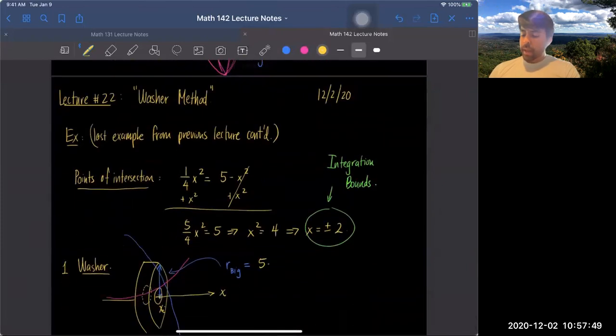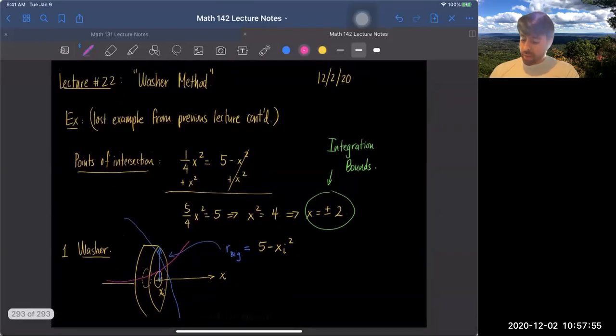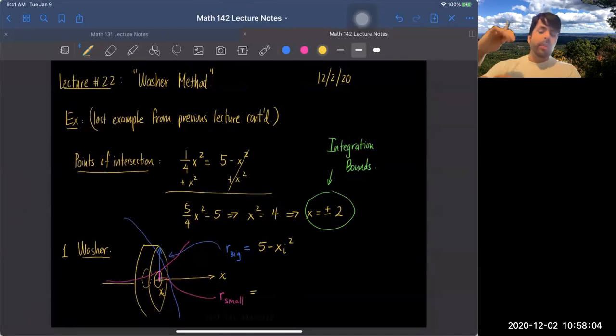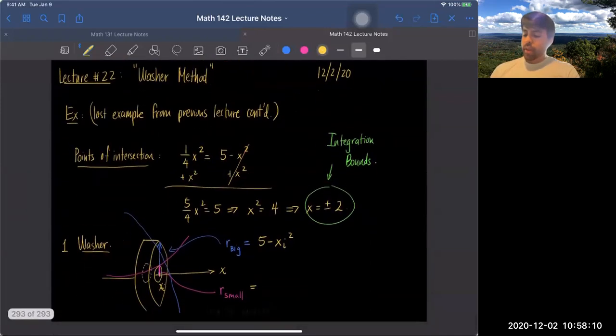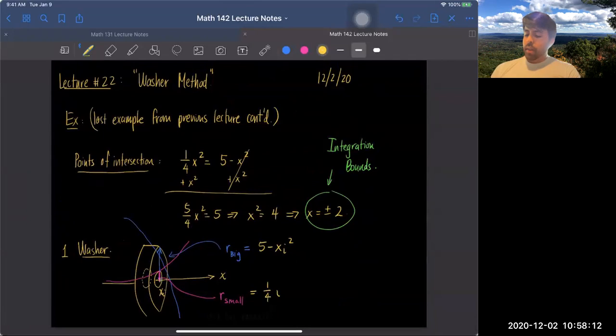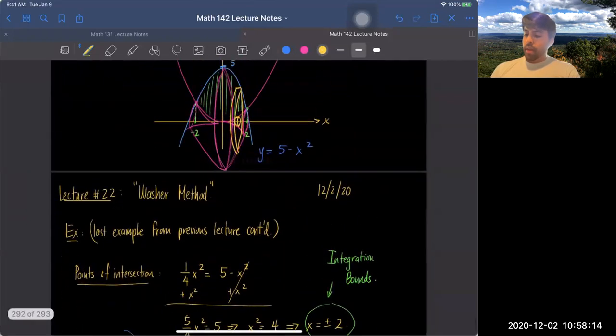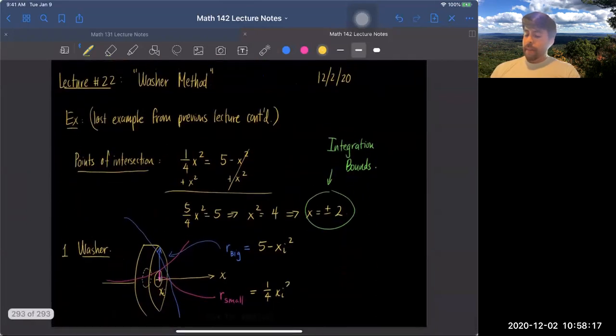So this would be 5 minus x sub i squared, correct? Then look at the smaller one. What's the smaller radius, r small? The smaller radius would be the y coordinate associated with the lower function, which in this case would be 1/4 x sub i squared. Do you see that?